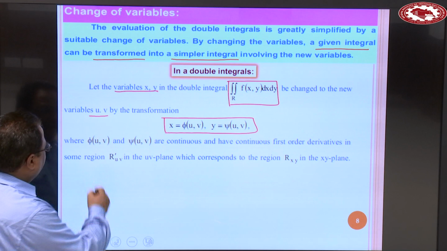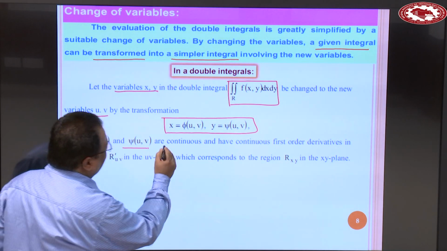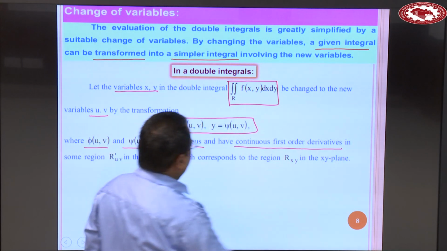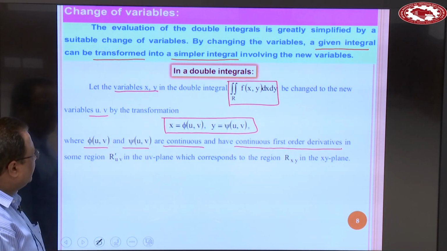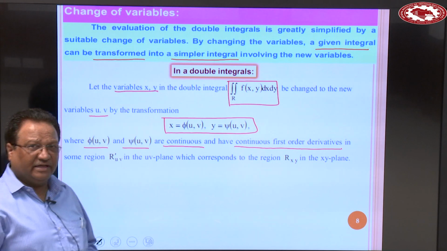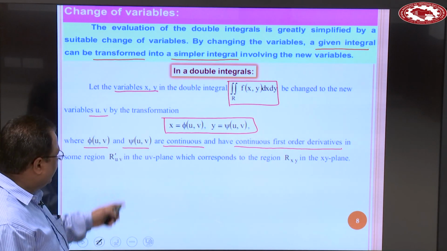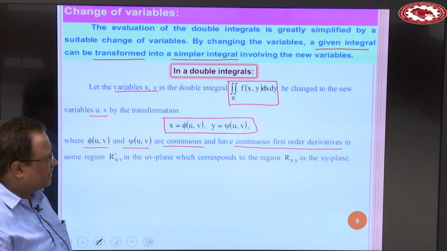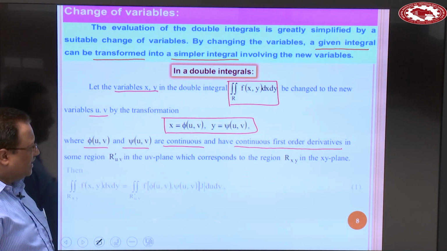Clear? Where phi(u,v) and psi(u,v) are continuous and have continuous first order derivatives in some region R dash in the u v plane, which corresponds to the region R in the x y plane.